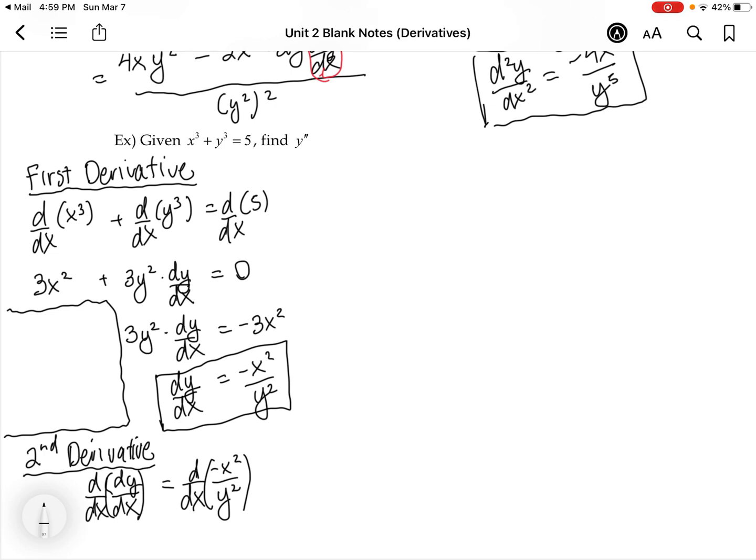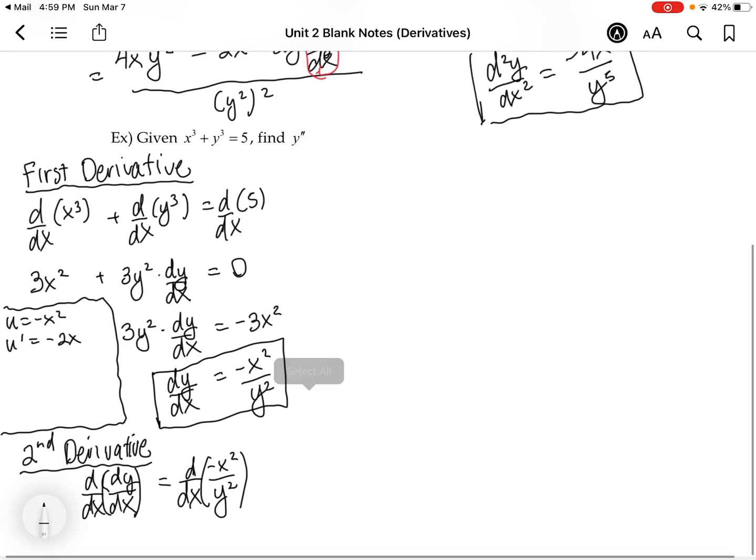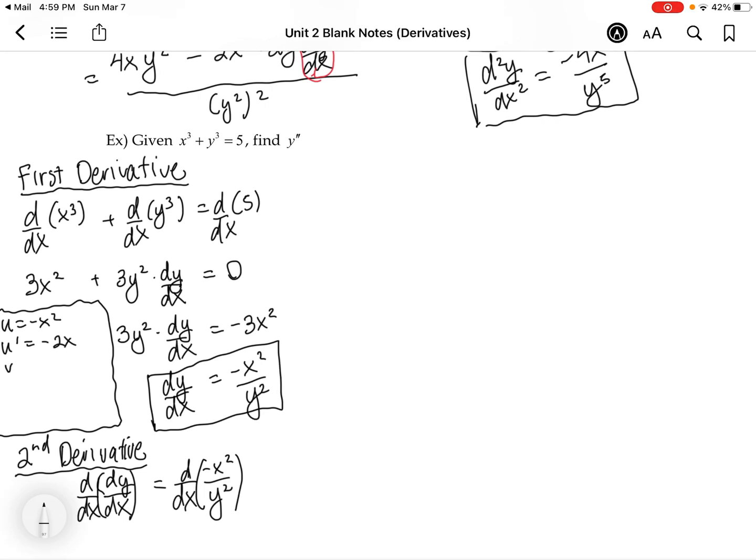So in my numerator, I've got -x squared, so u is negative x squared. That means u prime is negative 2x. v is y squared, which means that v prime is 2y times dy dx.